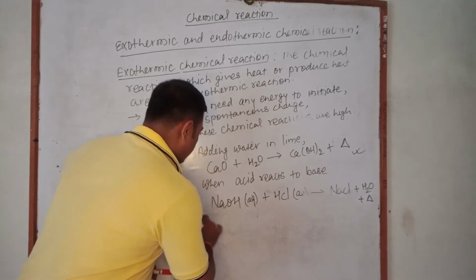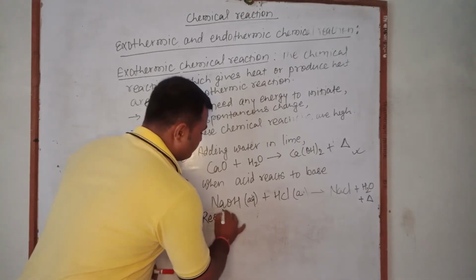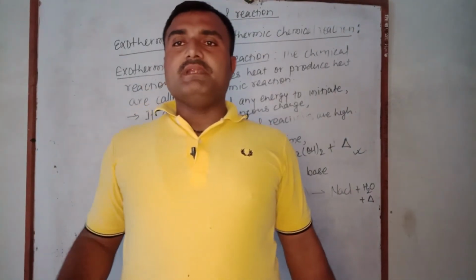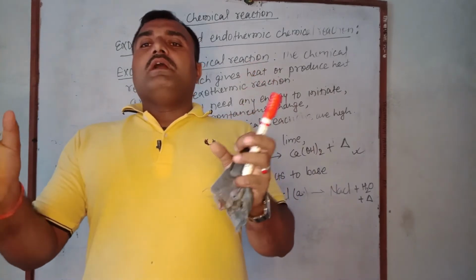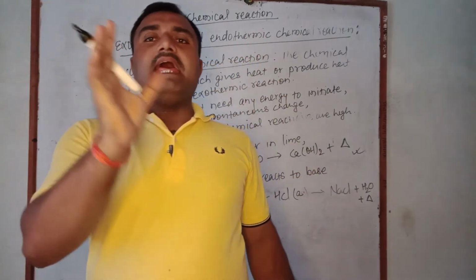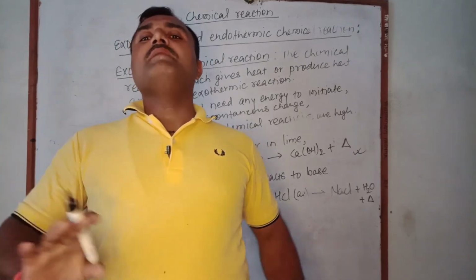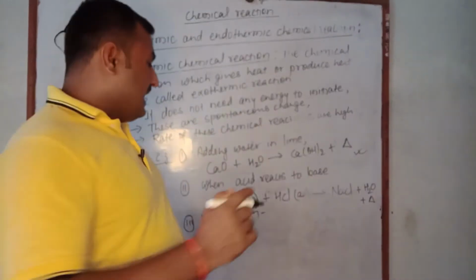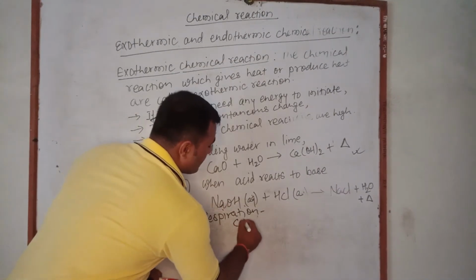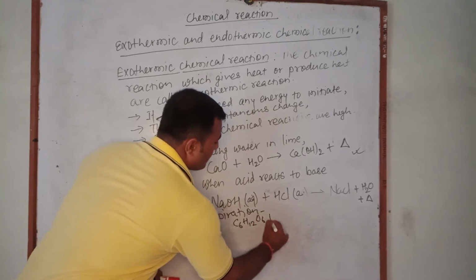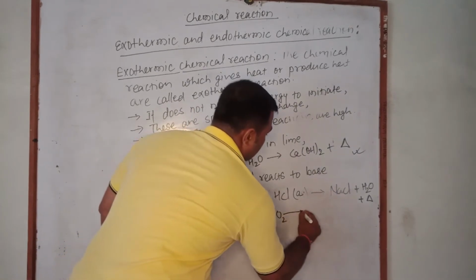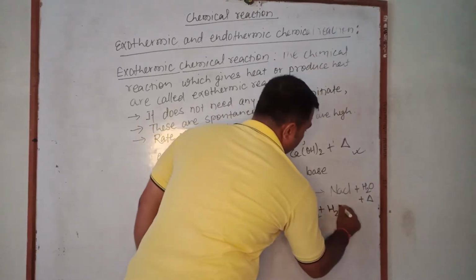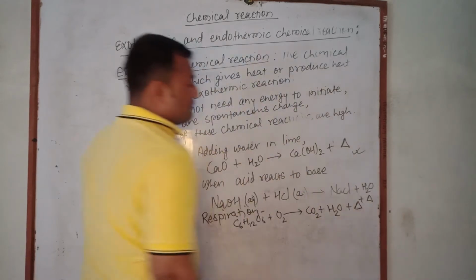As another example, we can write respiration. In our body, respiration takes place. That is, lungs absorb oxygen, and at cellular level, that oxygen helps in breakdown of food material, called internal respiration. And in internal respiration, glucose molecule is oxidized and gives carbon dioxide, water, and heat energy is produced there.